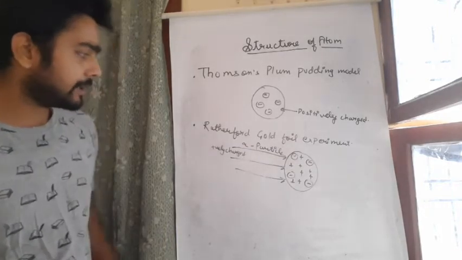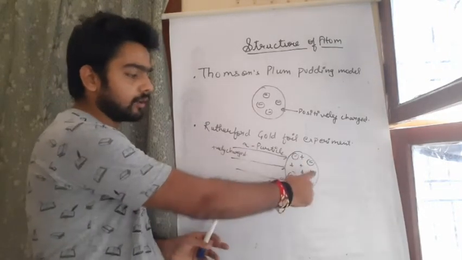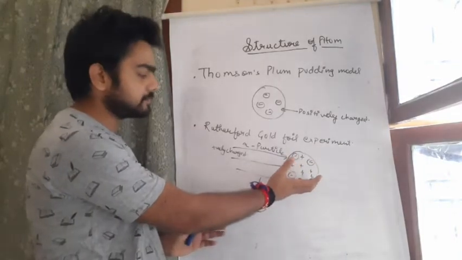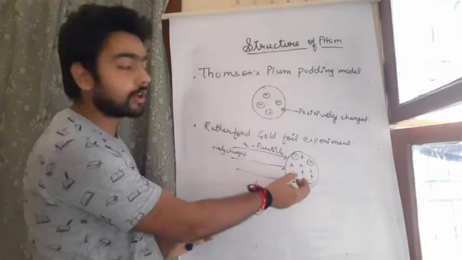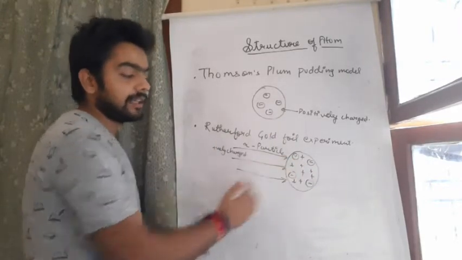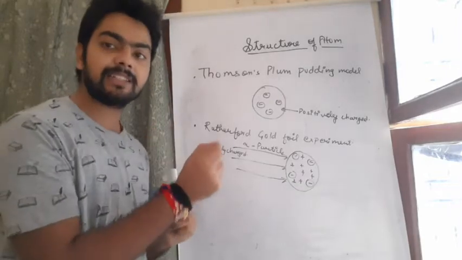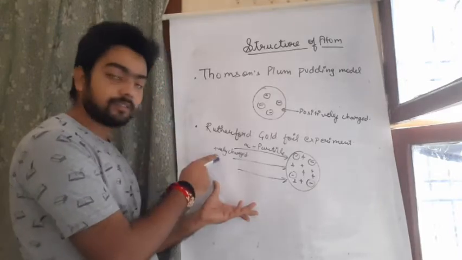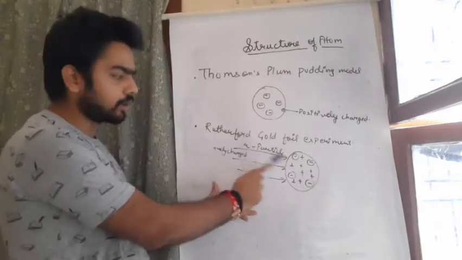According to this experiment, he took a gold foil, and gold foil is an element, so its arrangement of electron and proton must be similar. That is, all the positive charge and negative charge are embedded in a very small place. So he shot alpha particles, which are also positively charged, at the gold foil.